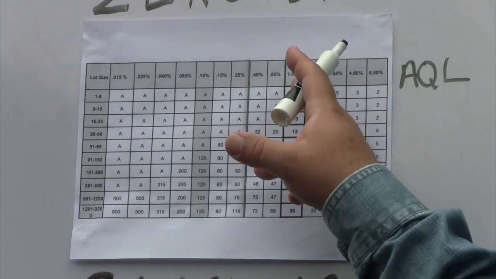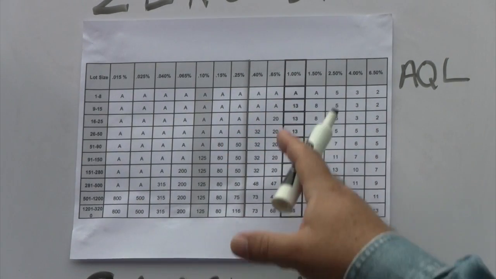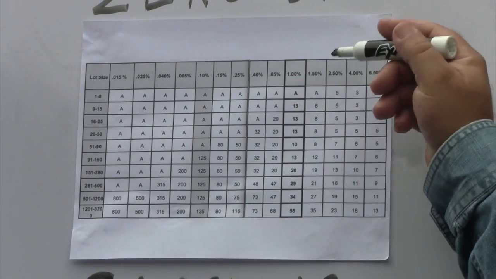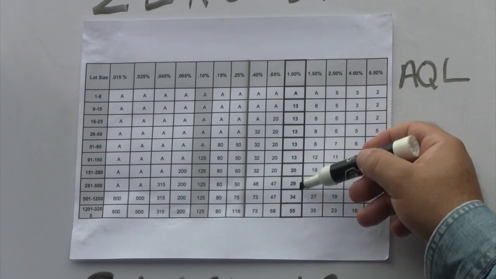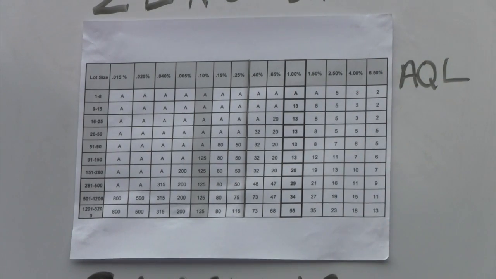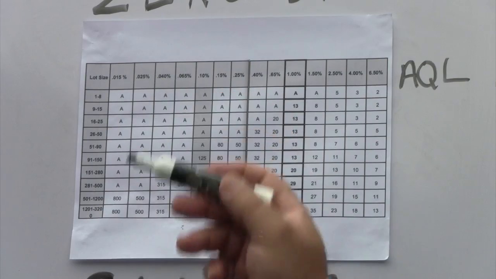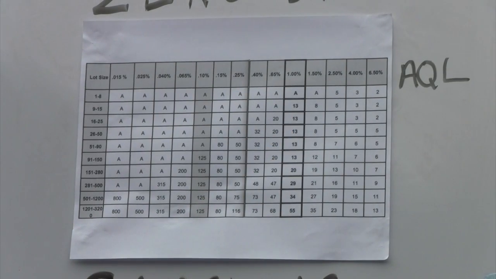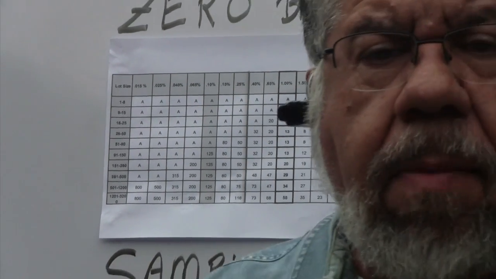Now, you see the 1% column here, which indicates all of these samples here are the AQL of 1%. So the way you use the sampling plan is you go to the lot first. You approach the lot by simply asking, how many total records do we have?